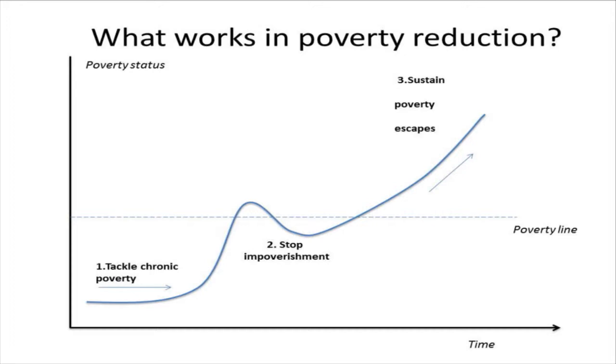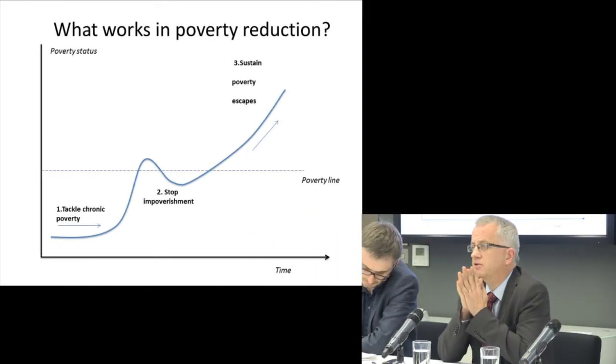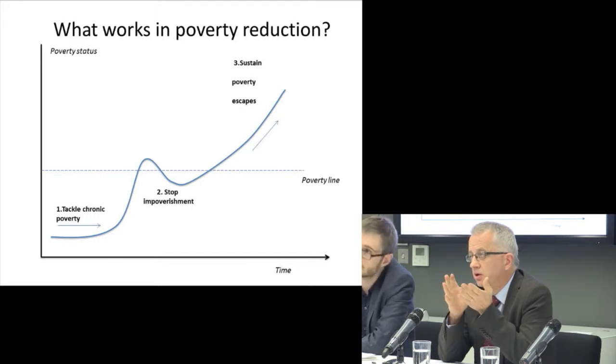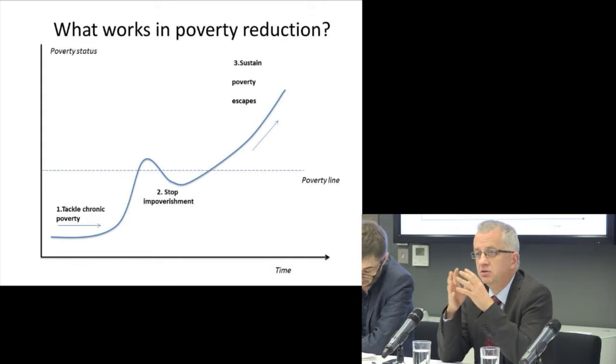What works in poverty reduction? Here's a timeline, which is a way of illustrating one thing: that poverty is dynamic. You get interventions to tackle chronic poverty. When people move up above the poverty line, you need to have interventions to stop impoverishment, stop them falling under it again.